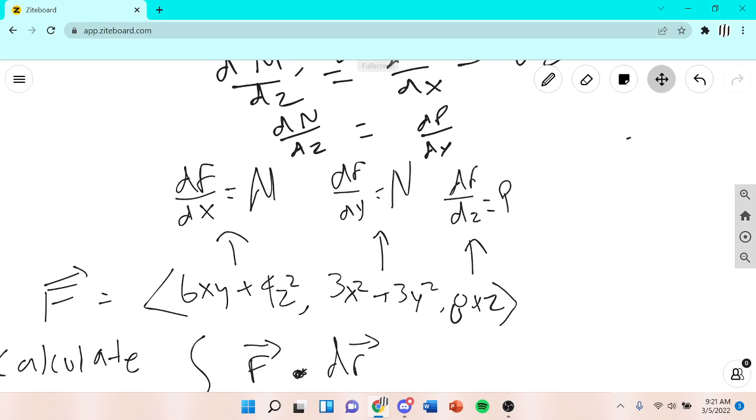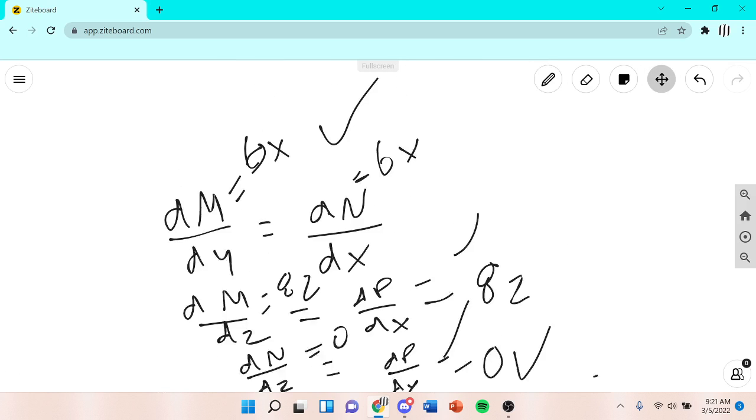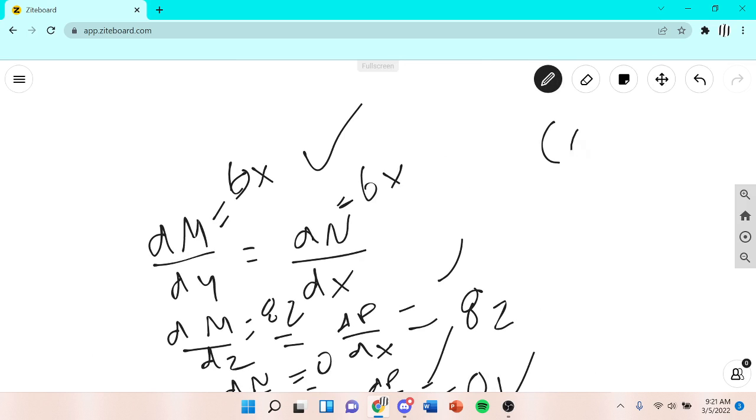Then the n in terms of z, there is no z term in it, so this becomes 0. In the same way, there is no y term in p, so this becomes 0. So all of these are true, so we can say that this field is conservative.